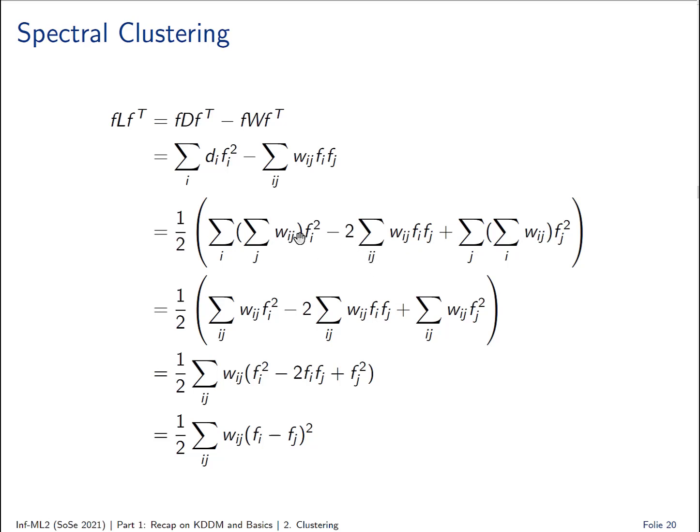Then we go on with recombining the whole thing. Obviously we can combine these two sums into one sum, like this one here, and this remains as before.